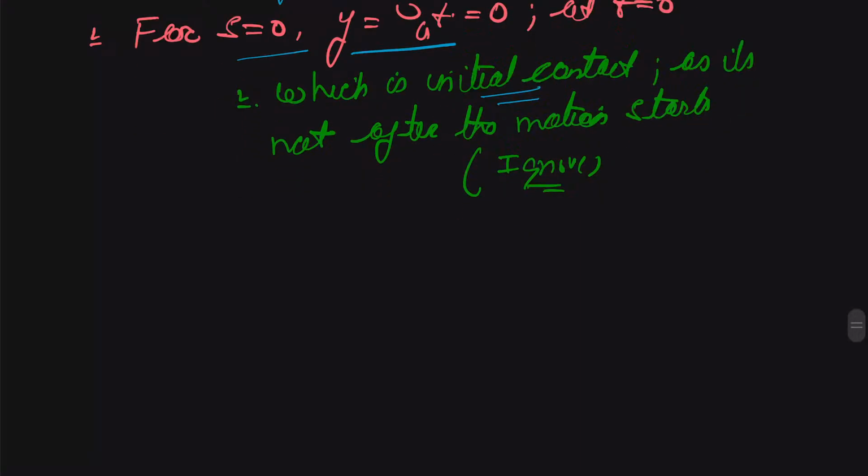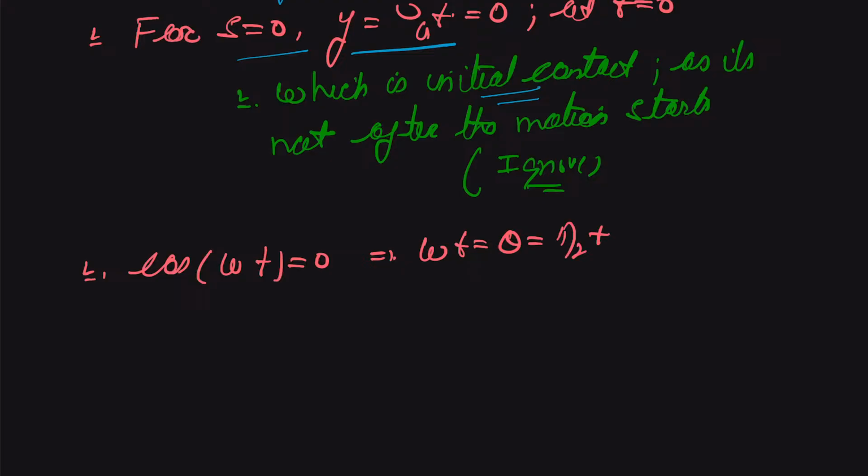And we come to our secondary part, that is cos of omega t equal to 0. Therefore, from here we can say that omega t, which is nothing but our theta, is equal to pi by 2 plus n pi, and this is for n greater than or equal to 0.